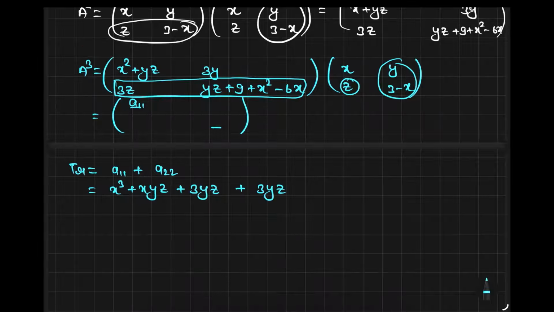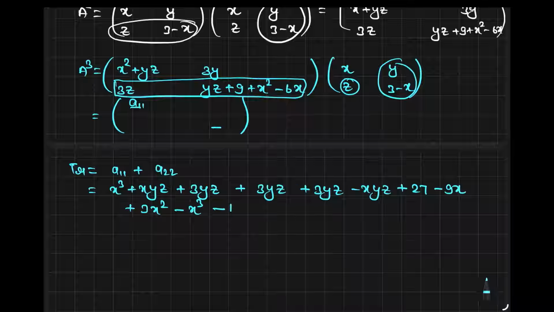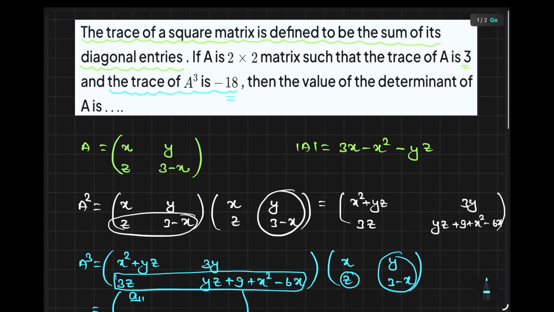First we multiply yz, so plus 3yz minus xyz, then 27, then 9x, then 3x square, then minus x cube, then 18x, then 6x square.